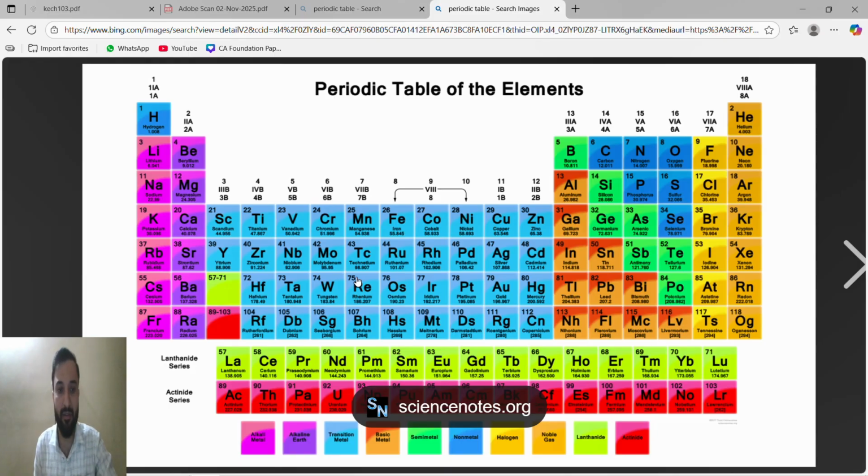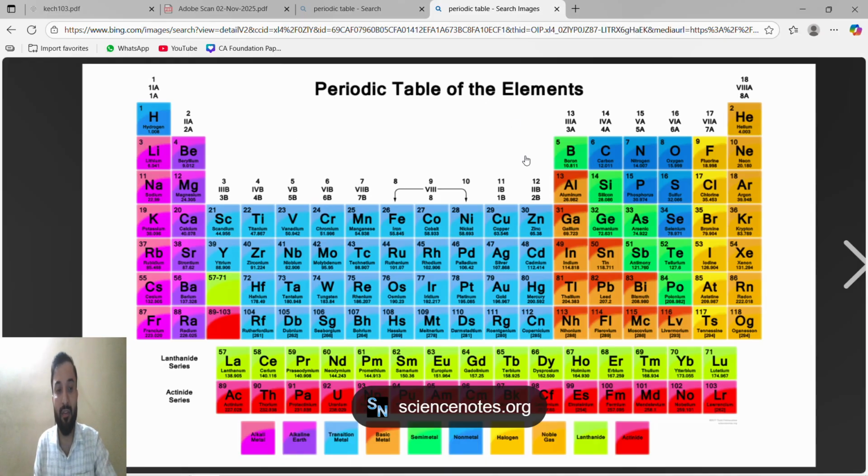Suppose I talk about group 1, or we can say family 1. In a group of friends or families we have certain rules and regulations which everyone has to follow. So if it is group 1, all the elements will follow the same physical and chemical properties, and they have the same valence electron.